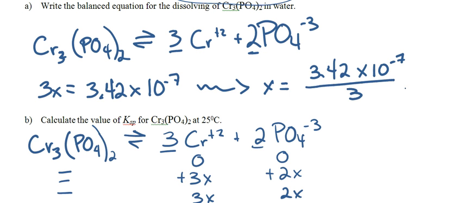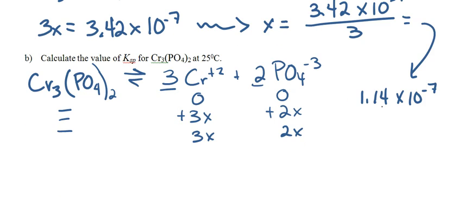And that'll tell me what x is. And again, you don't have to do that. I know there's another way, probably even a simpler way, but I'll be consistent on these examples. Divided by 3, so that gives me 1.14 times 10 to the negative 7. Okay, so there's my x.